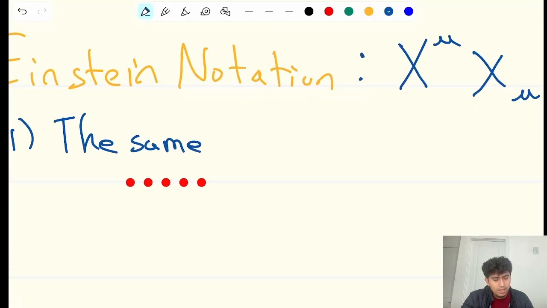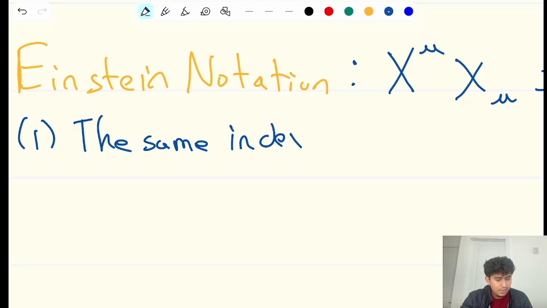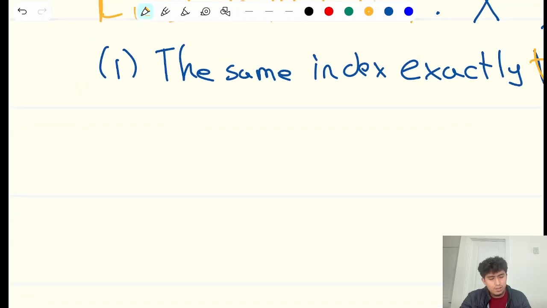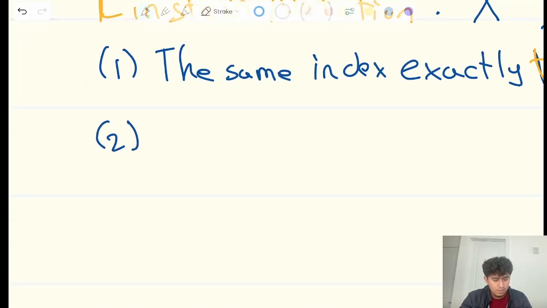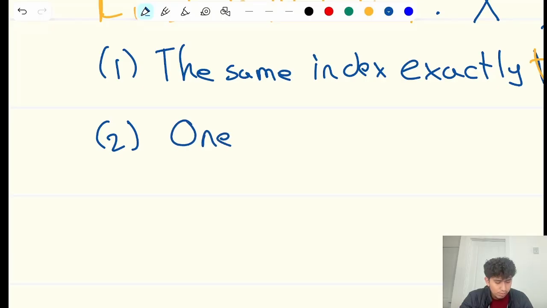Cool stuff. So the rules: the same index can only appear exactly twice. Very important. And then one lower and one upper, exactly one upper index and one lower index.